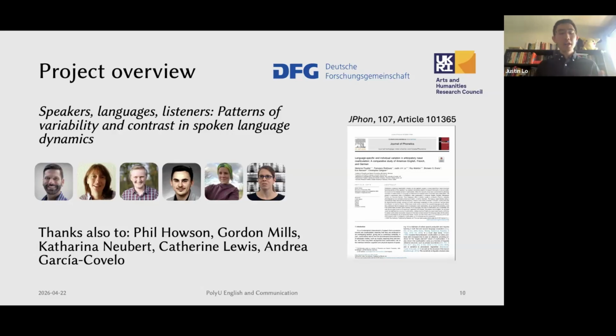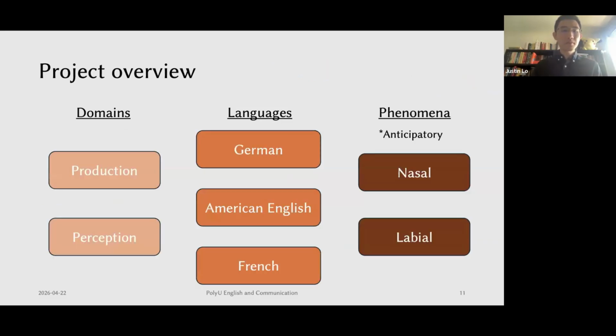So it was an international collaboration between the UK, Germany, and Austria. And the full results of what I'm going to be talking about are published in this Journal of Phonetics paper about 2 years ago, so you can see more details there if you want to.